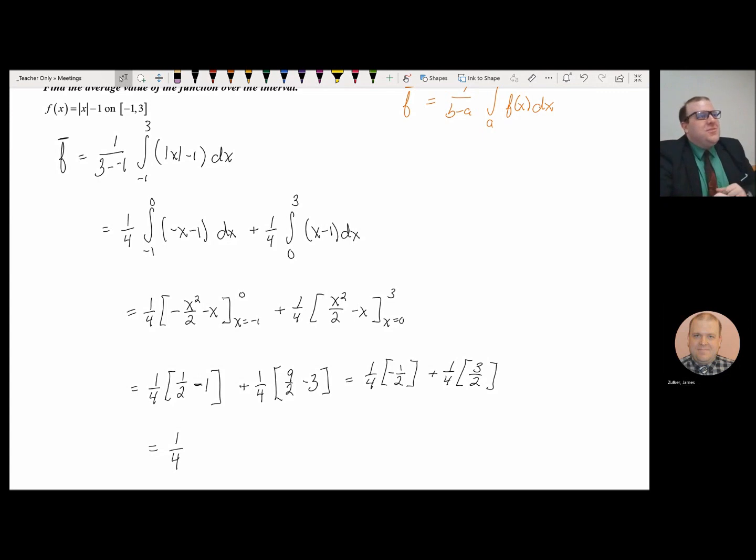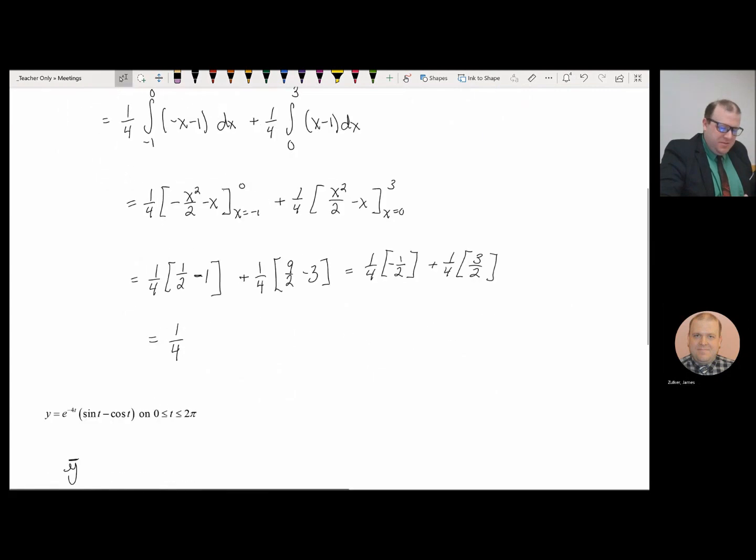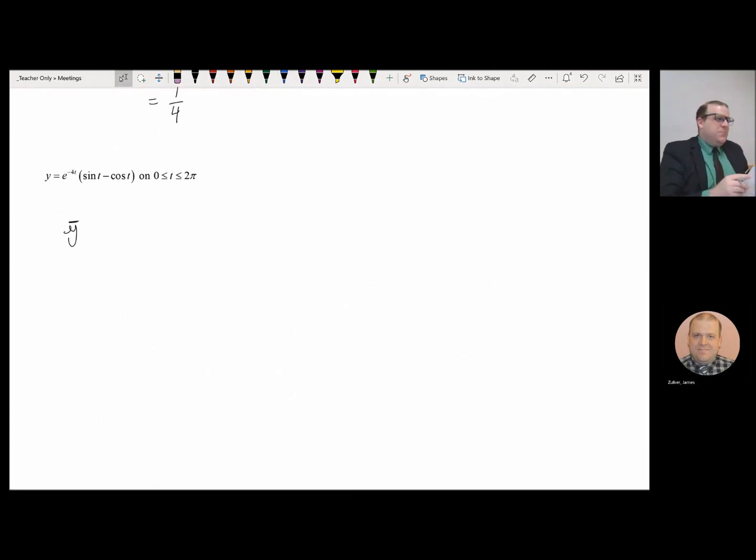So that's why it wouldn't really make sense. Since we found the average value, obviously there exists some C by the mean value theorem for integrals.